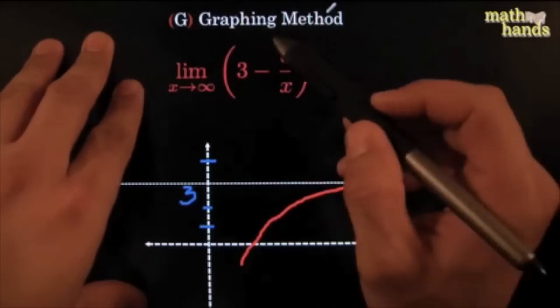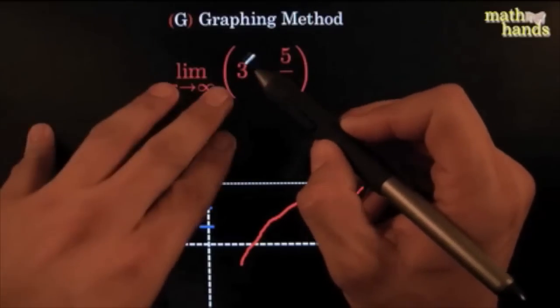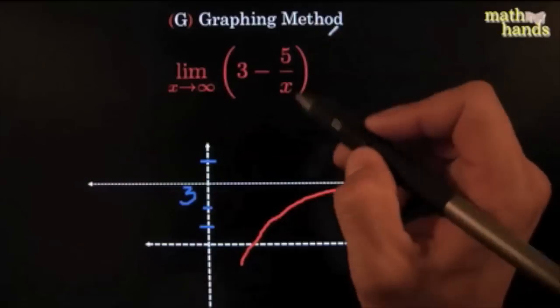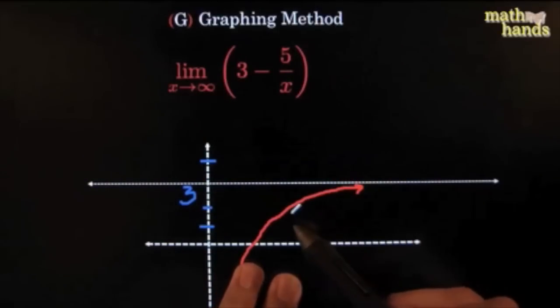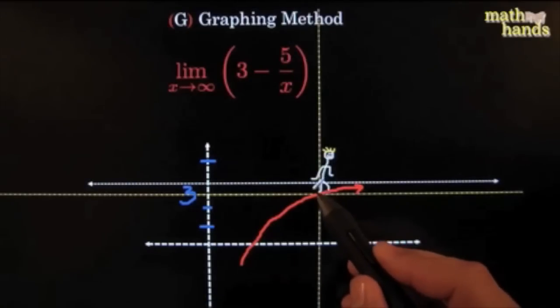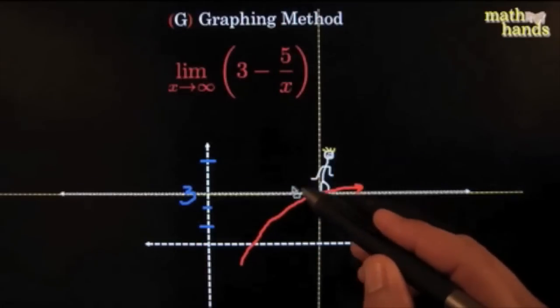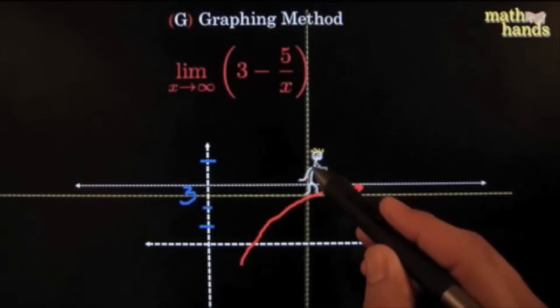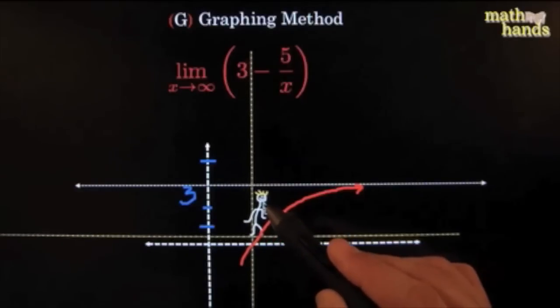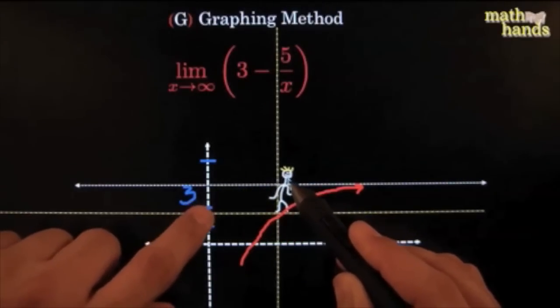Take a look at this one. This is y equals f of x equals 3 minus 5 over x. So if you do the graph, it looks more or less like this. Again, you can imagine a person walking on the graph. You're looking at the y. What's the y doing as the person is moving?